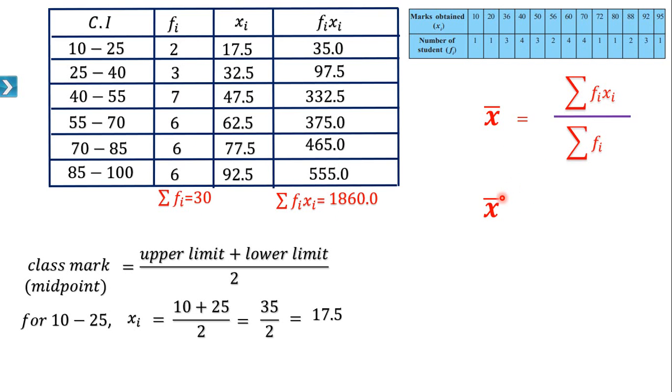So, x bar is equal to 1860 by 30, which is equal to 62. So, the mean marks obtained by the students is 62.